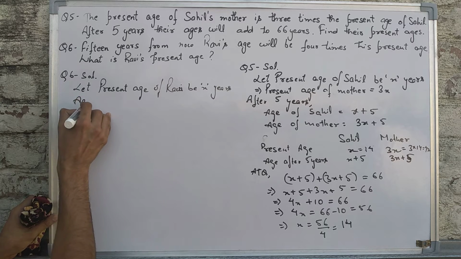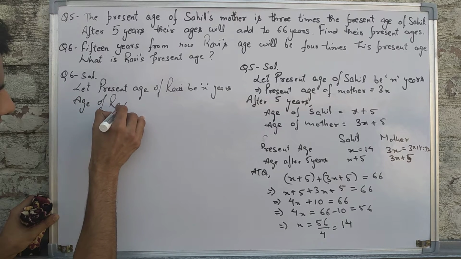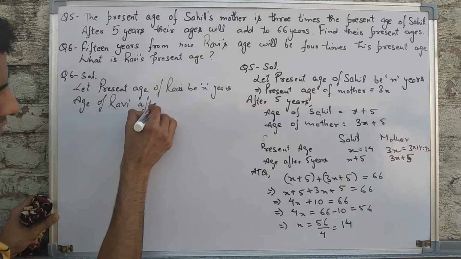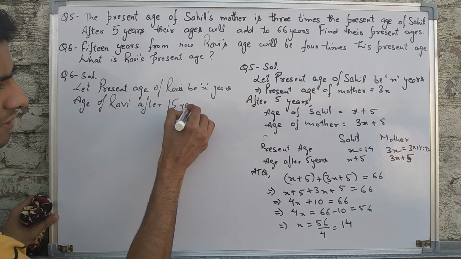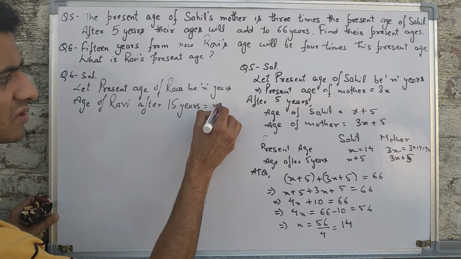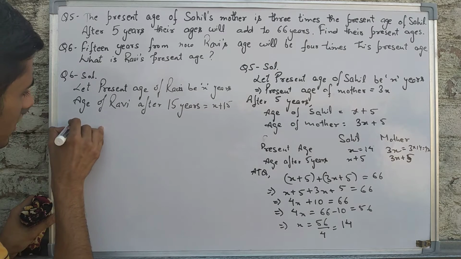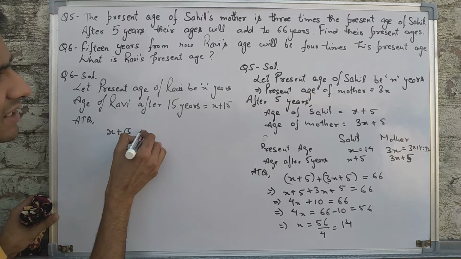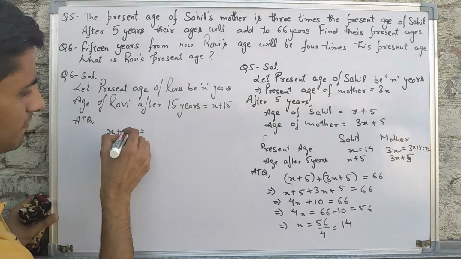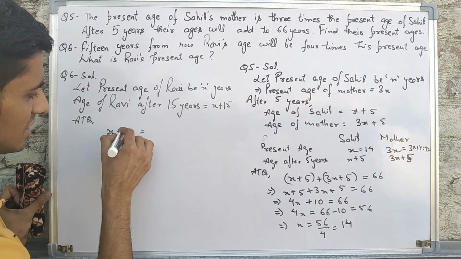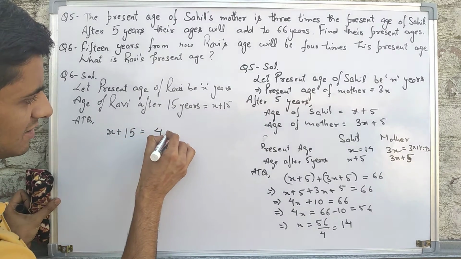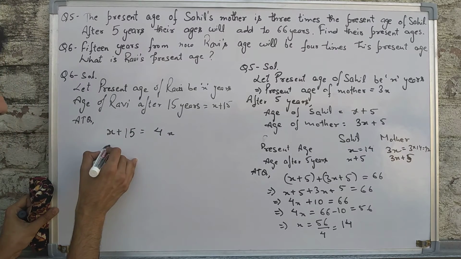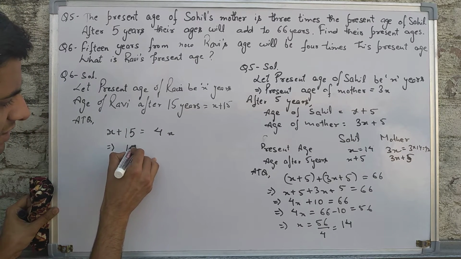Age of Ravi after 15 years will be x plus 15. And according to the question, this x plus 15 is 4 times the present age, 4 times x.